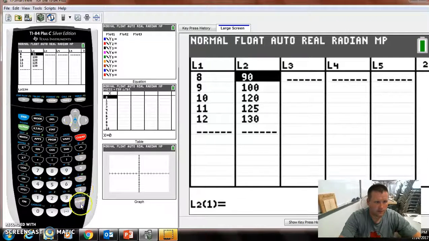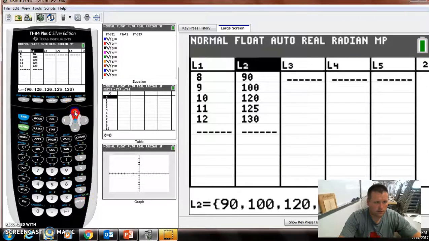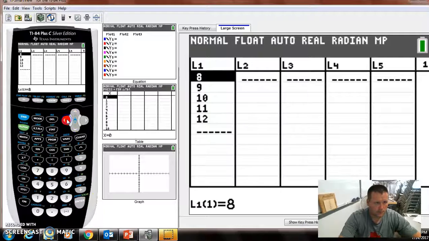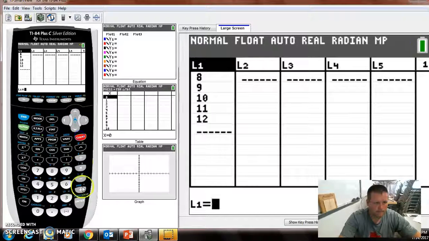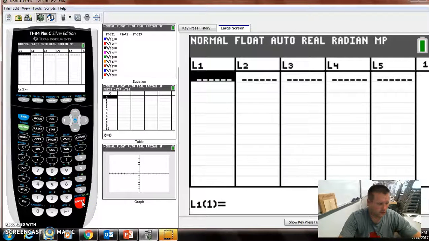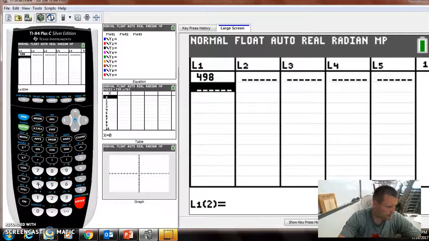Remember, if you have a list, you'll want to delete these or clear them. Okay, so we're just going to enter in our list how we had here. And so this first one, we're just going to go 498. And then we're going to go 513.